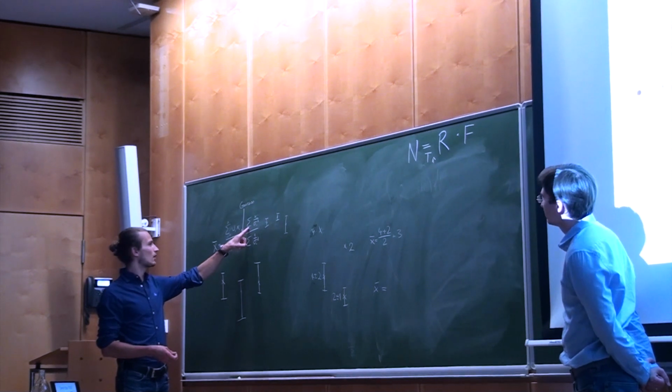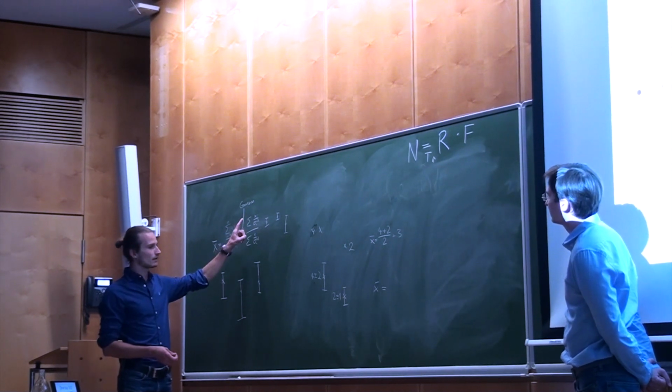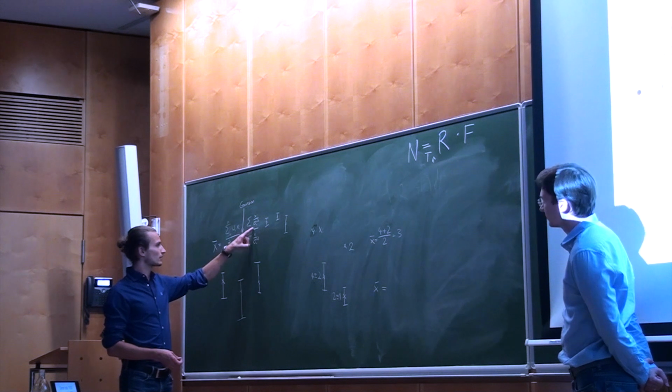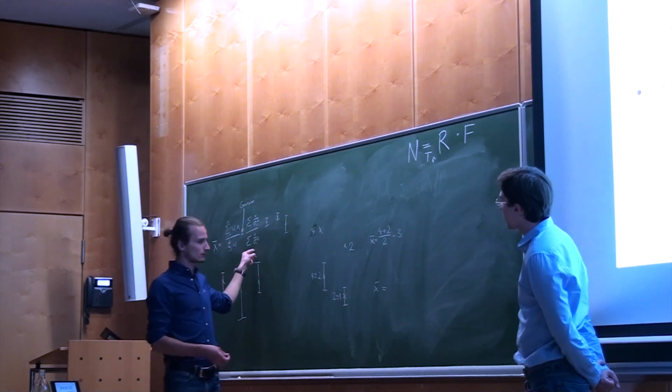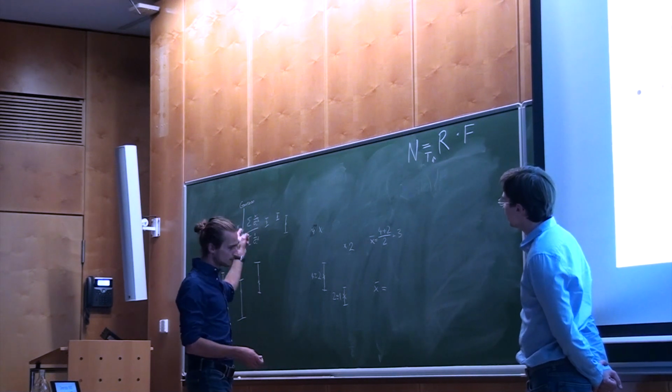So the sum of the data points divided by the error squared, normalized by the inverse squared error.